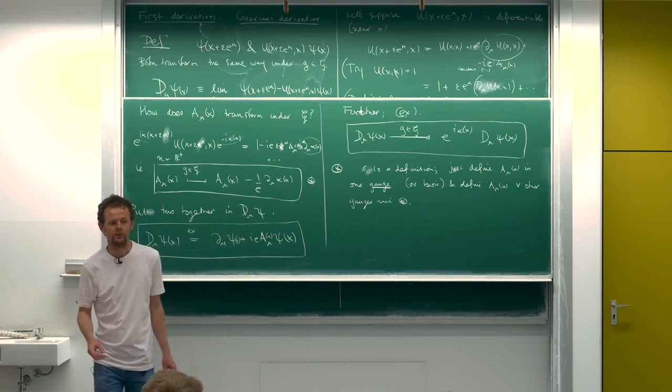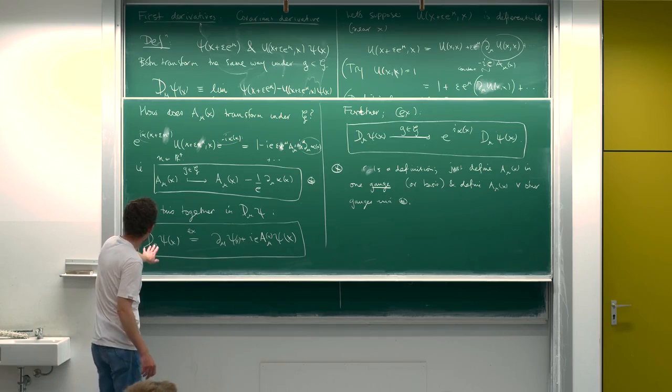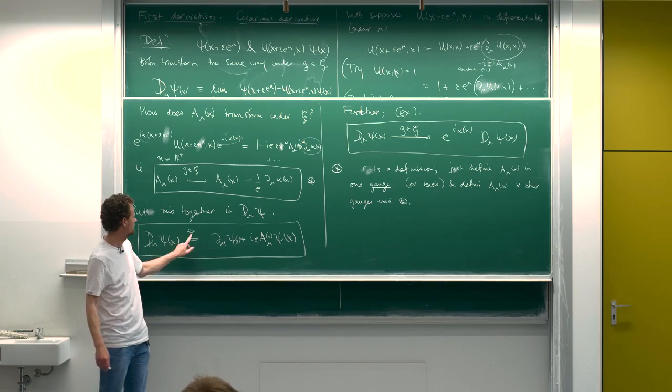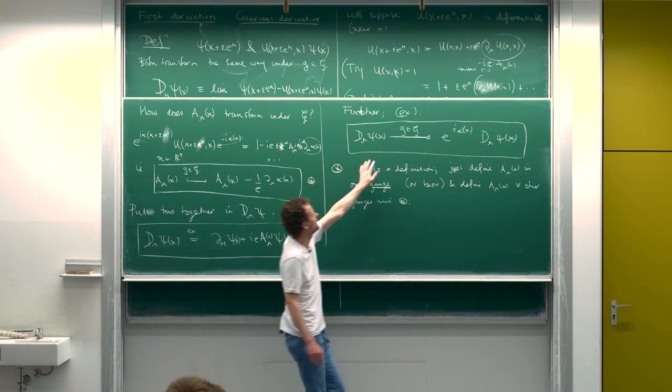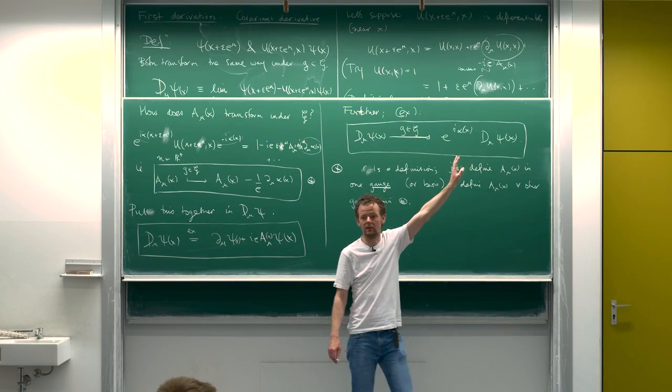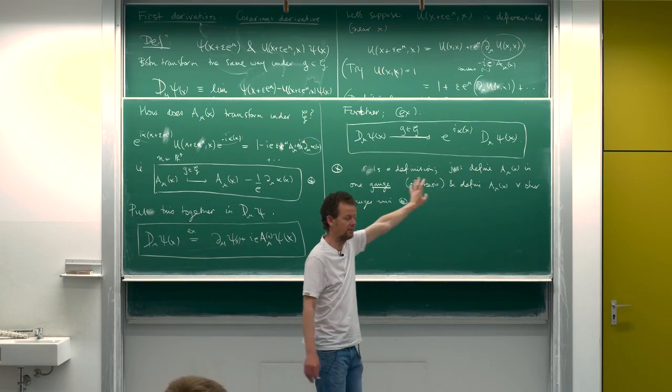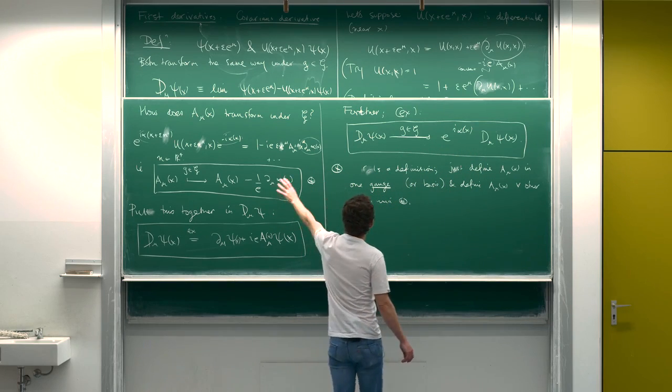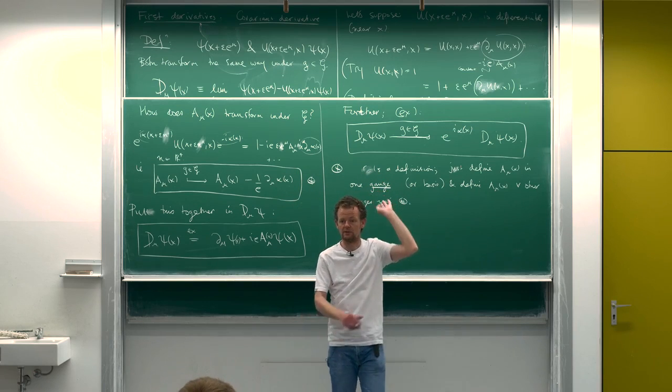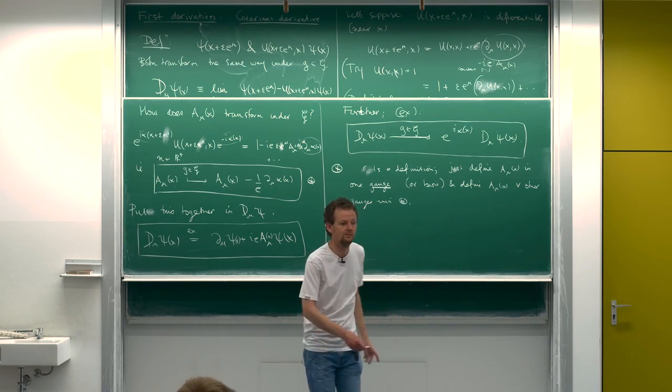So what have we got? We've got a way now to define a derivative that transforms in the right way under local gauge transformations. A derivative-like object, not the derivative, a derivative. And we could just go ahead and build invariant Lagrangians.